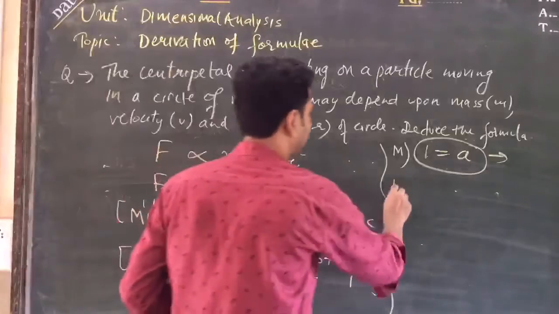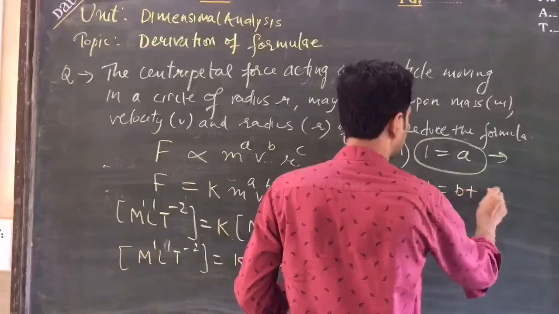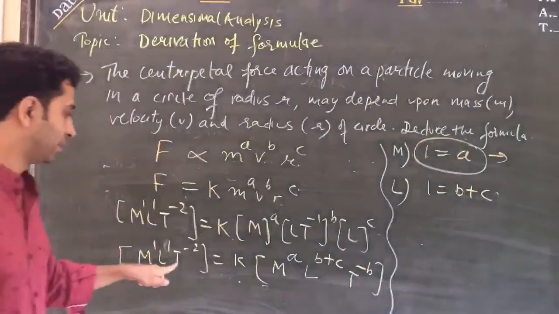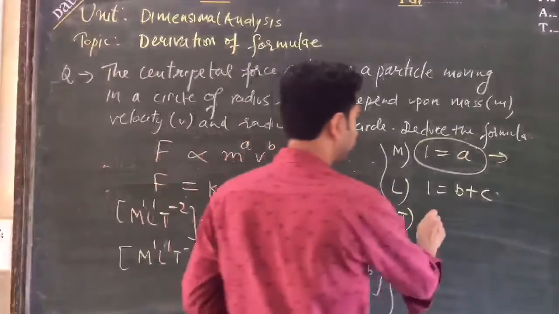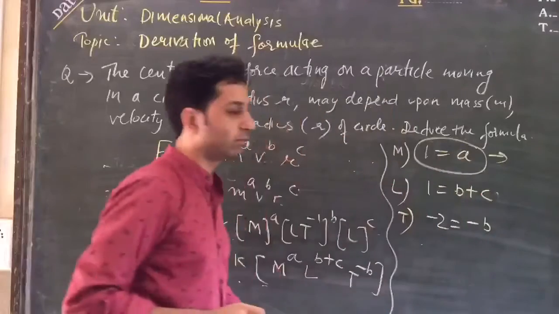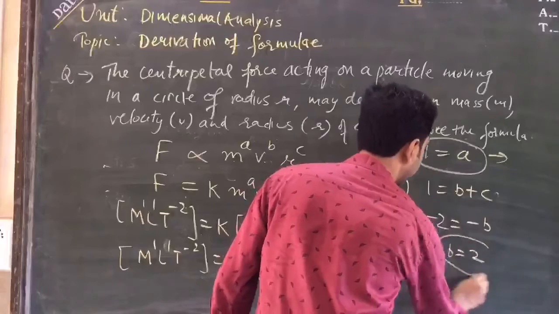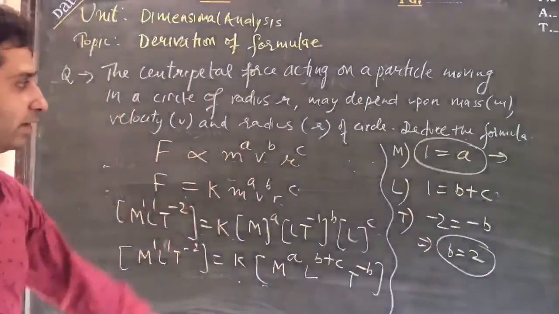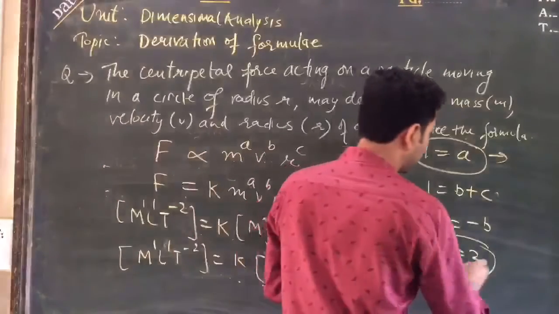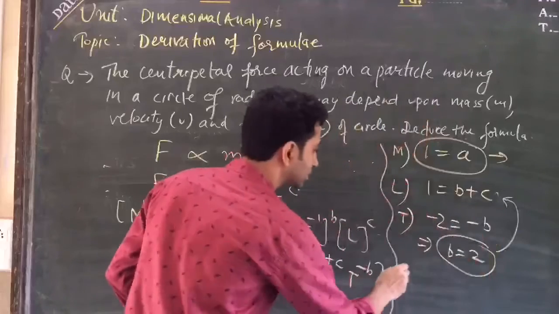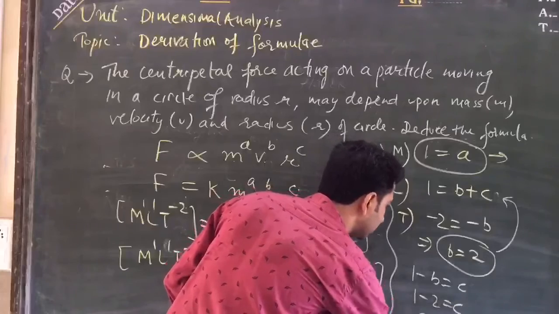Then compare for L: 1 on the left, and b plus c on the right, so the second equation is 1 equal to b plus c. Third, for T: the power is minus 2 and here it is minus b. I write minus 2 equal to minus b, or the negative sign can cancel on both sides. I get b equal to 2. So I am left with a equal to 1, b equal to 2. Putting the b value here, I am left with 1 minus b equal to c, that is 1 minus 2 equal to c, or c equal to minus 1.